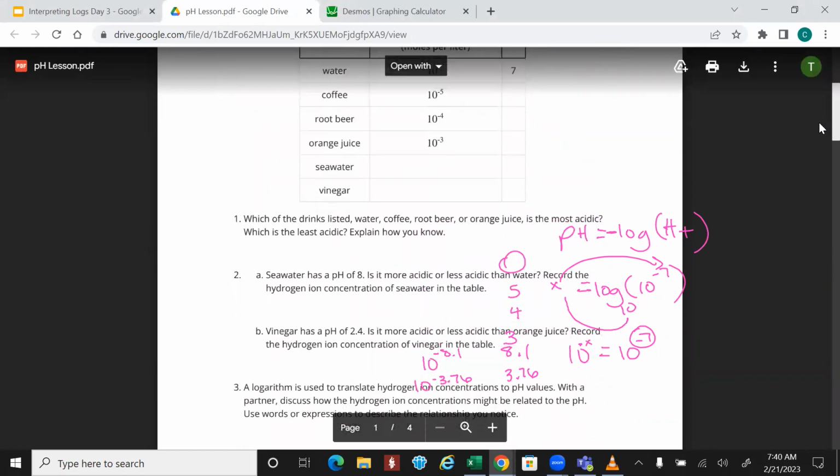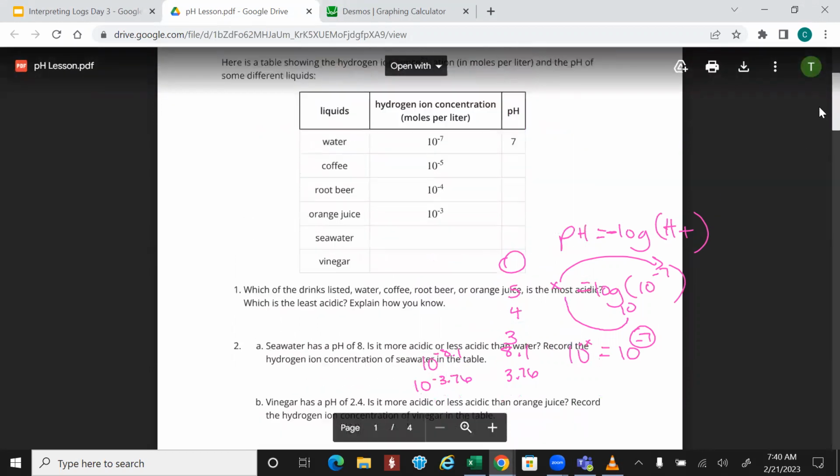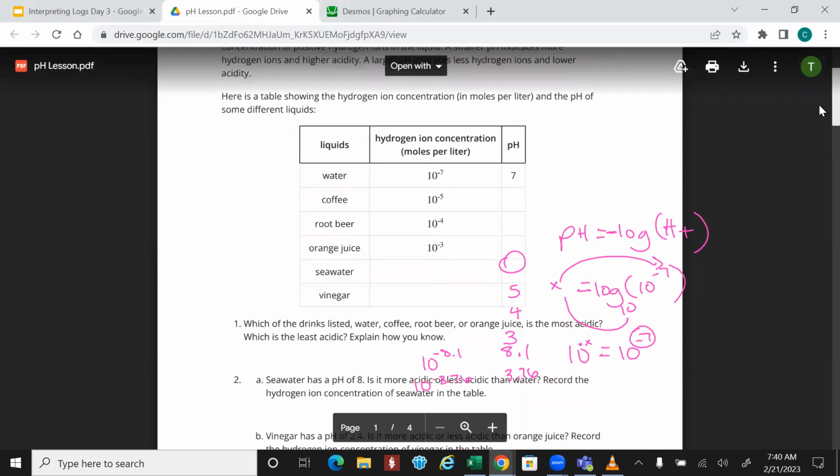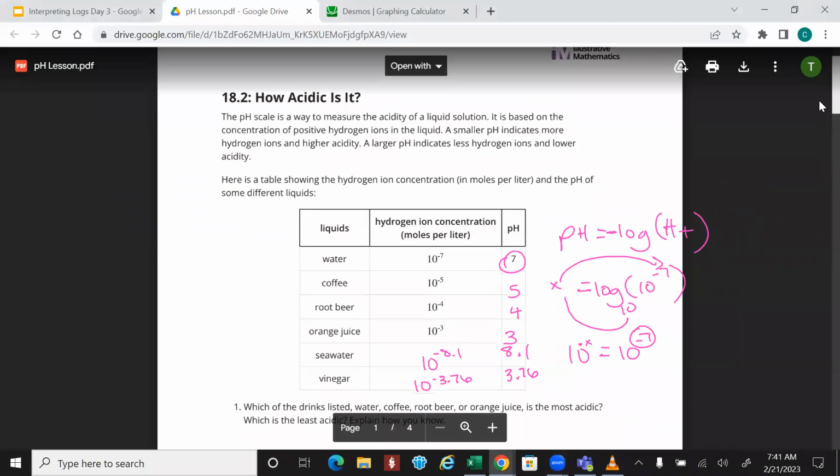Okay, so vinegar has a pH of 2.4. Is it more acidic or less acidic than orange juice? 2.4. It's more acidic, right? So I need to change that, but that's okay. Like the ocean.